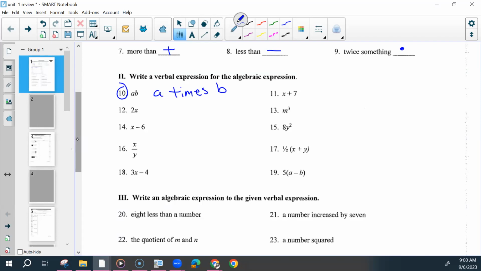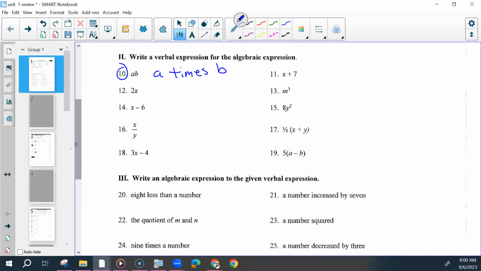Any others in this section? 17. All right, so we have a couple things going on here. We have 1/2, and 1/2 is being multiplied to everything. So we have to think of how we could word that. And then we are adding. So first, how could we say 1/2 is being multiplied to everything? 1/2 times the product of, or the sum of.